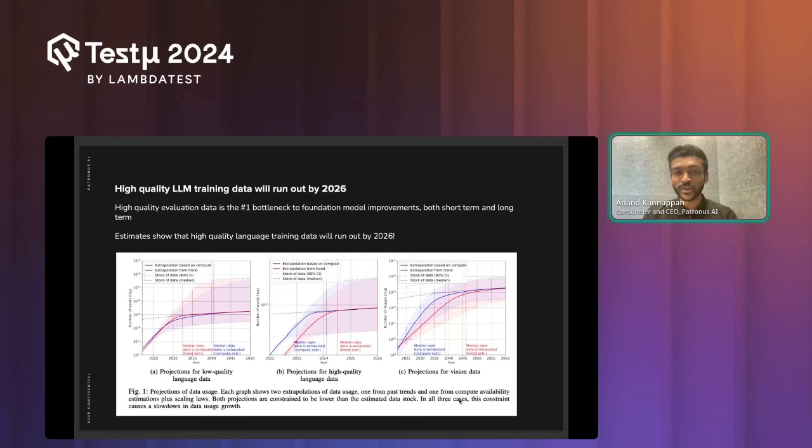But what's interesting is that at some point we will get to a phase where we've actually run out of really high quality data. And as we all know, language models have been trained on large amounts of high quality data today, including, for example, Wikipedia, which generally tends to have really high quality information. And so what's remaining now is two things.